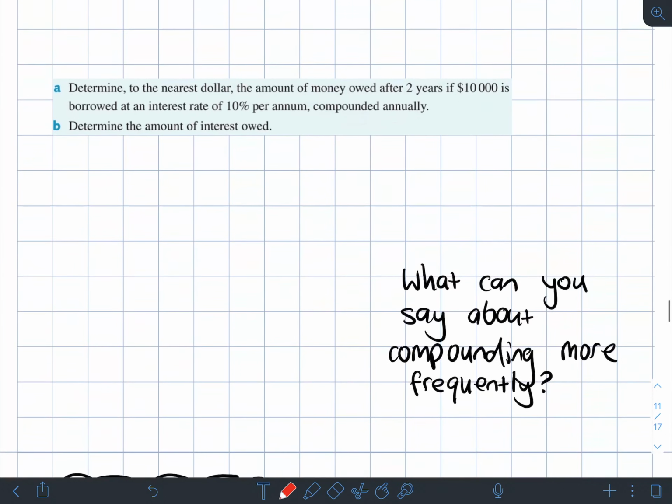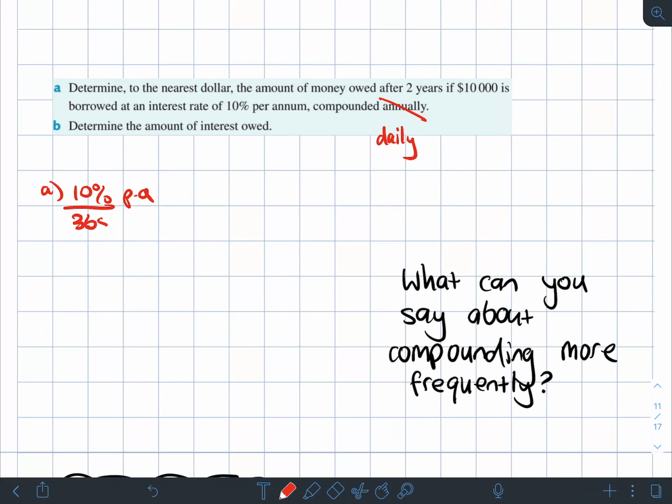Now, you're going to have a go at this one here. Again, same style of question, but I'm changing this instead of annually and instead of monthly, now daily. Say this is a credit card loan. Figure it out. Okay, so again, the two things we need to change are our interest rate.